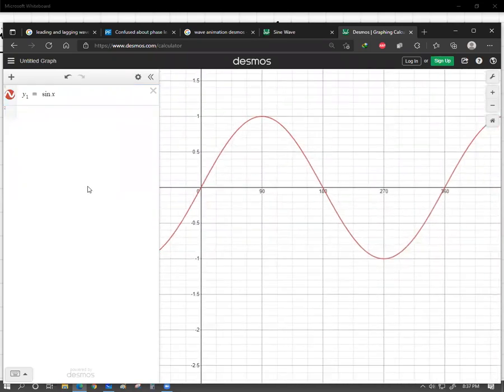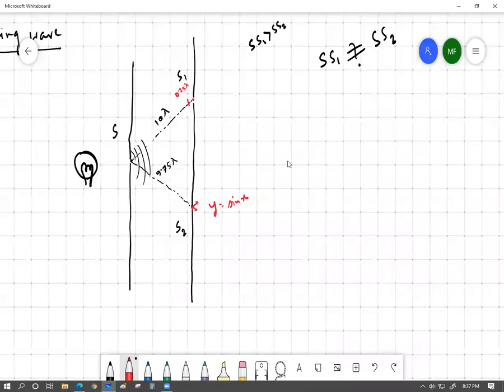Now, when this wave actually reaches over here, this wave would have gone forward by how much? By lambda by 4 of distance, which means in terms of crests, let's say the wave coming out over here has this many crests. When this crest reaches over here, this wave is still about to receive that same crest.